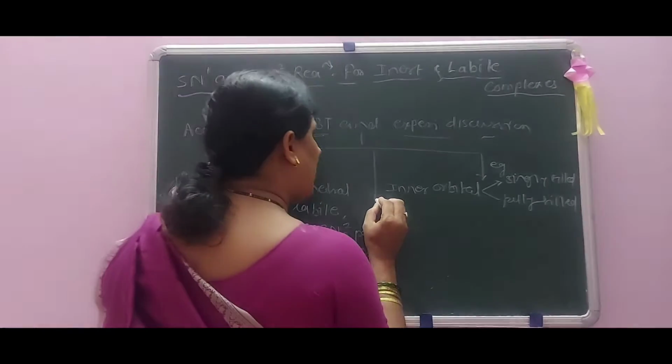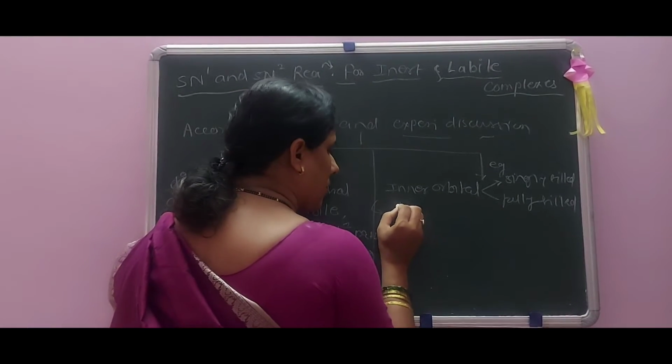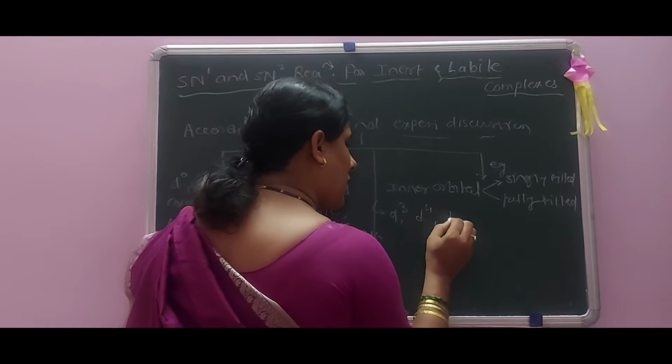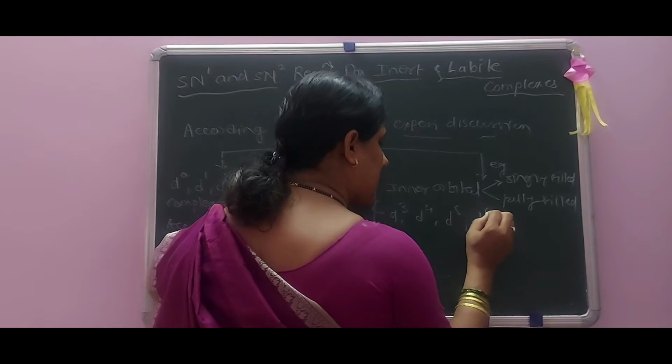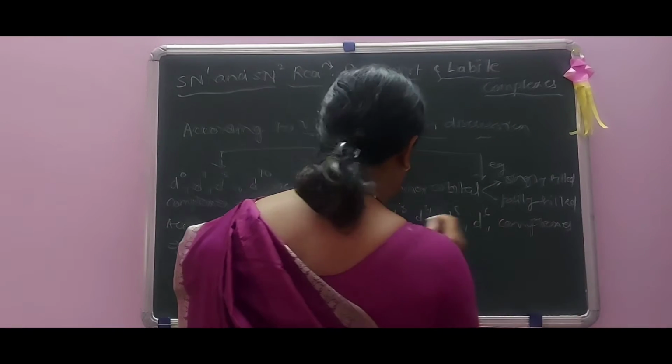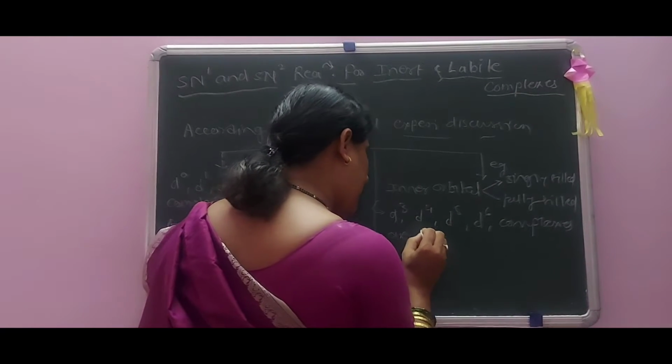Therefore, the octahedral complexes of the type d3, d4, d5 and d6 are inert ones.